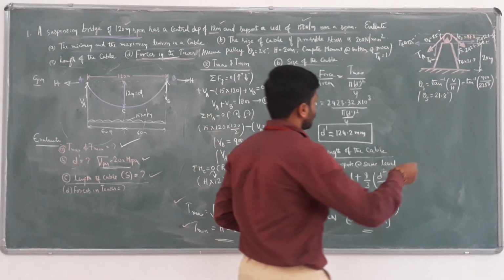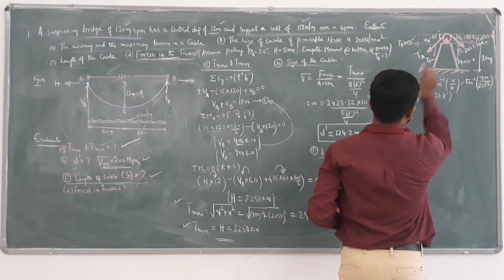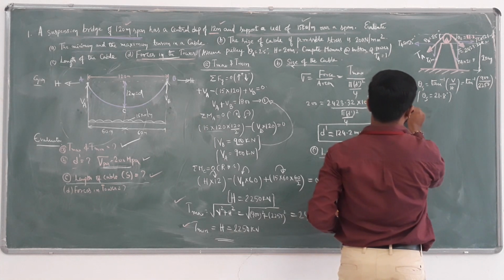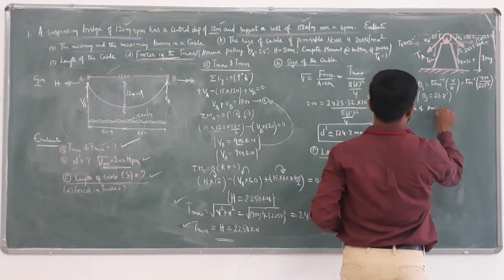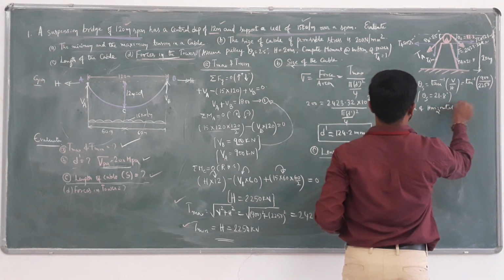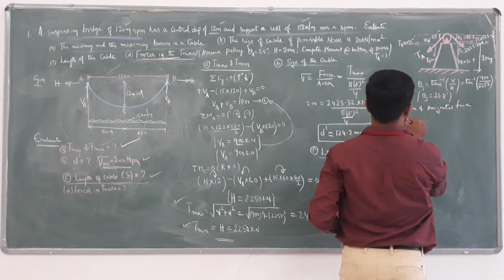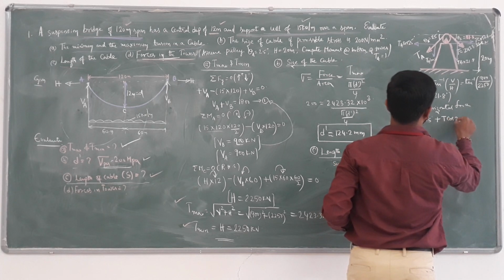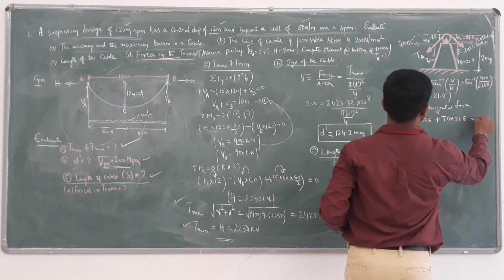Now, for the pulley, you take sigma Fx, sum of horizontal forces. What happens? Minus TA cos 25 plus T cos 21.8 equals 0.